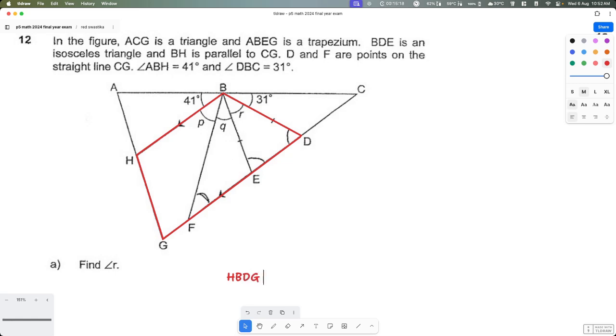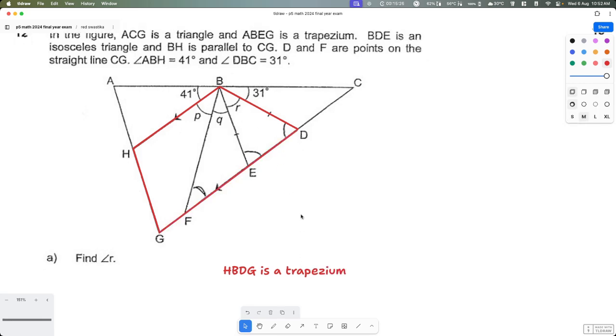HBDG is a trapezium as well, since these are like this. So what I can do is, HBG is a trapezium, so that means we can get P, Q, R. P plus Q plus R.